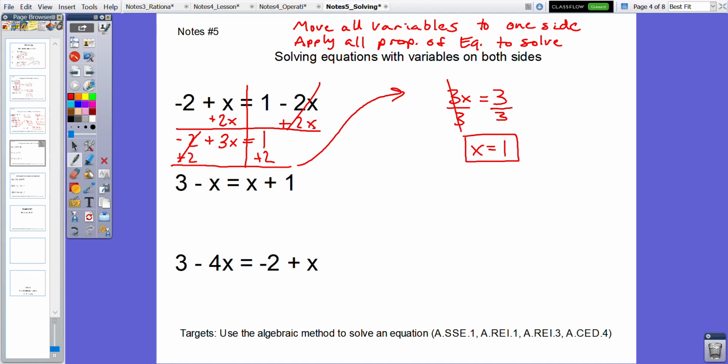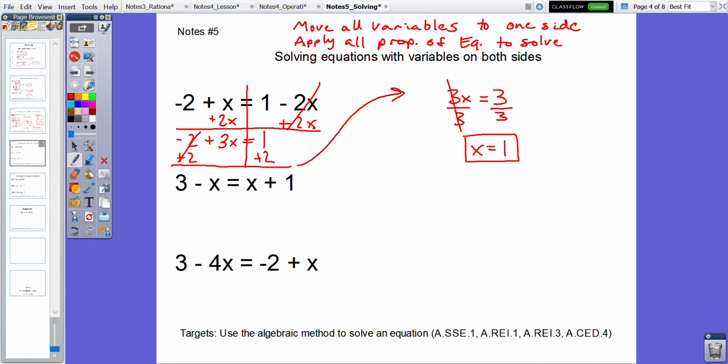Looking at the next equation, I have 3 minus x equals x plus 1. Once again, when we have a variable on both sides of the equation, we want to make sure that we have the least amount of negatives and the most amount of positives as possible.